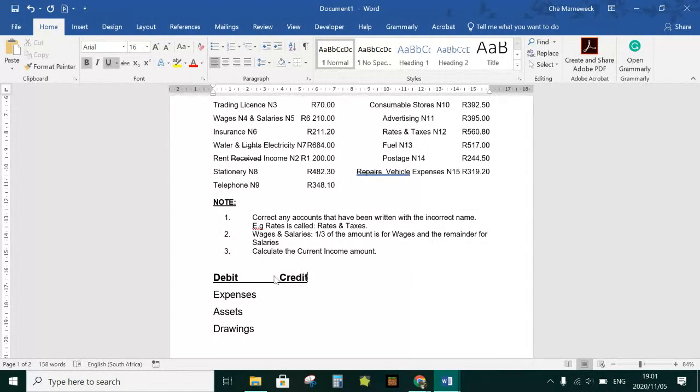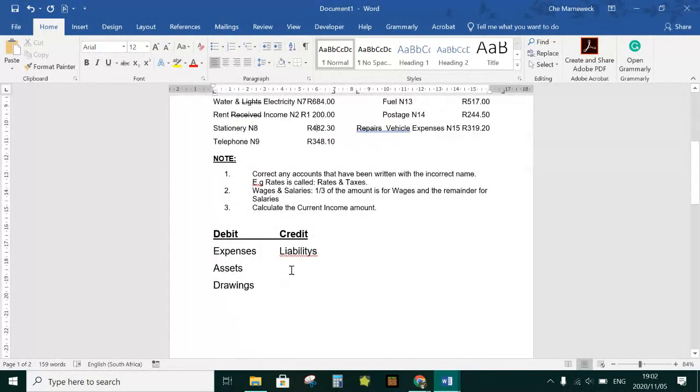Credit: sorry, I like to do liabilities first, so it forms a click. Liabilities, income, and capital are under credit. Okay.